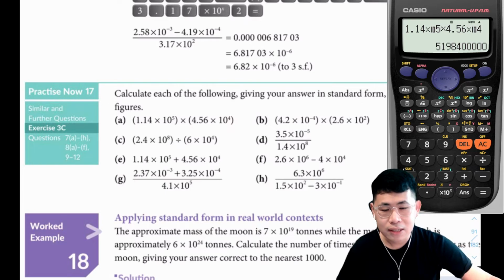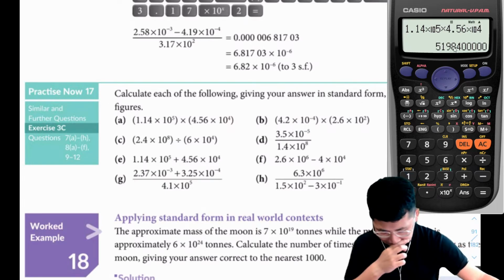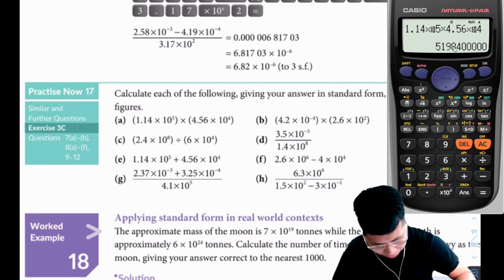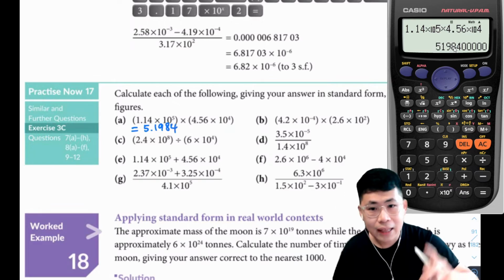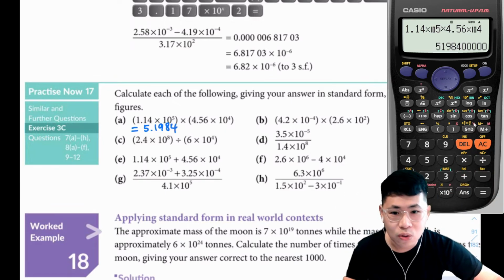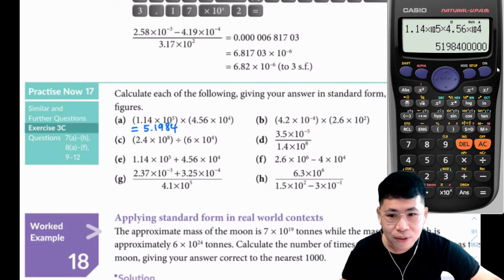This will give us this value over here. And how do we convert? We will need to write this as 5.1984, and let us count how many steps we need to move to the left.